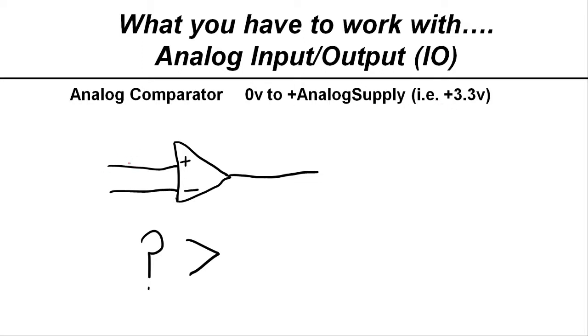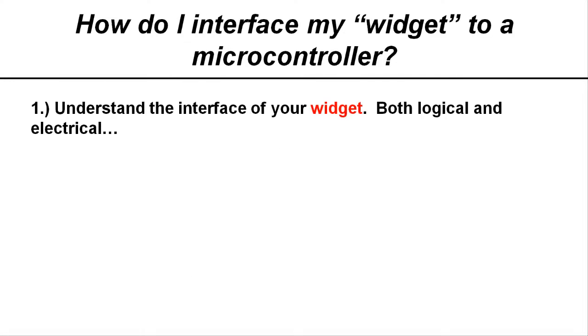But it works in such a way that if the plus terminal is greater than the negative terminal, the output is high. If not, it drops low. So you can use that for doing certain compare operations. Not all microcontrollers will have that as a feature, but some do. So that's useful to know.